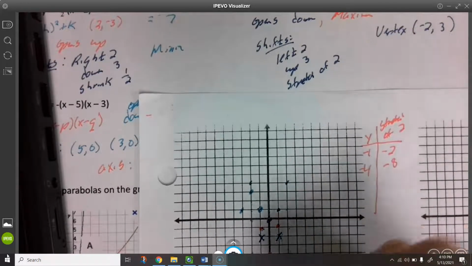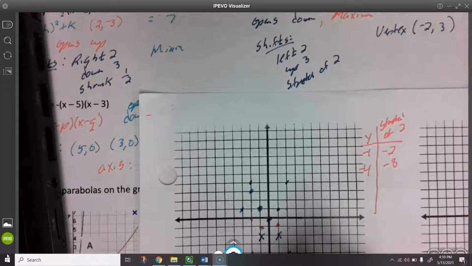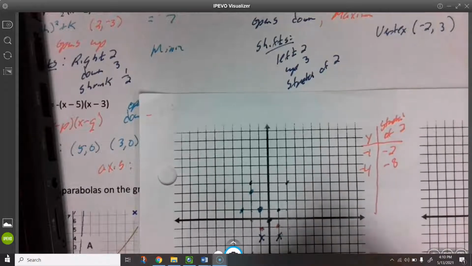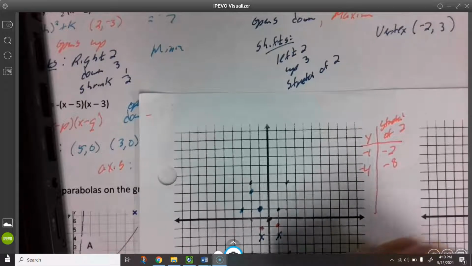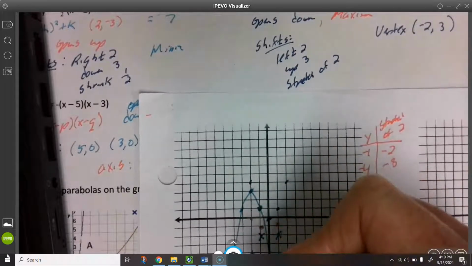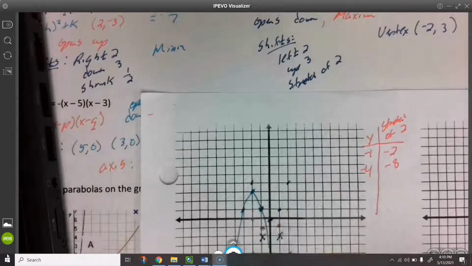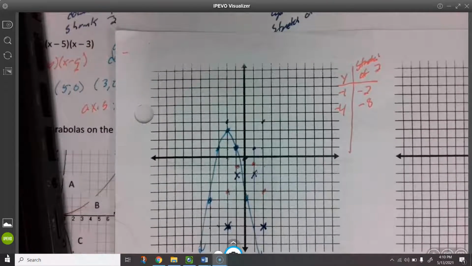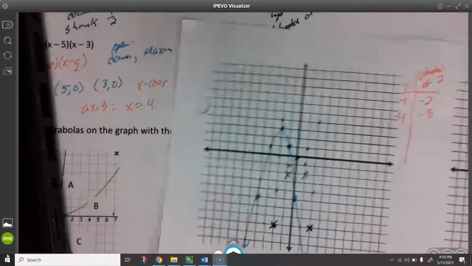I'm going to go left 2. So my graph looks like this. Okay, good.